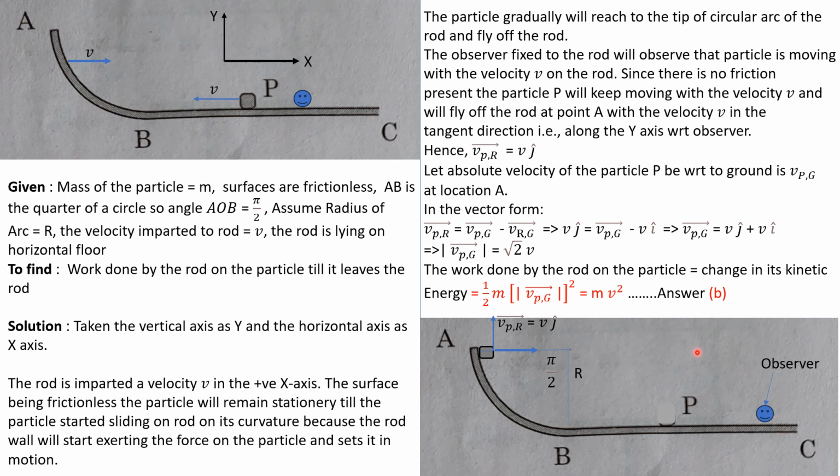And all around it is total dark. Only the observer can see the particle. So then you can easily understand that the particle is moving with V in this direction, and since there is no friction, it will come out with V over here, V over here.